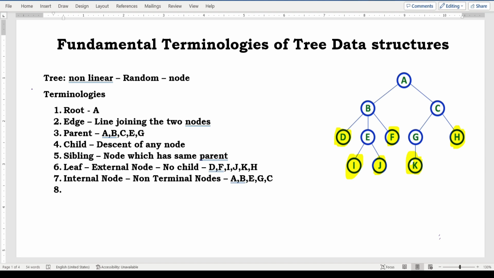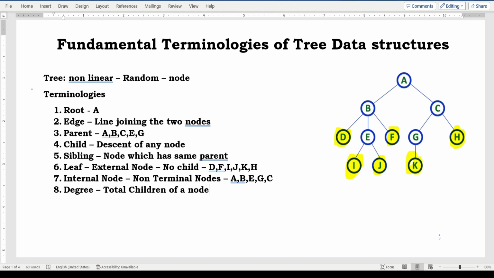And then number 8, degree. The total number of children of a node is called the degree of the node. Here, what is the degree of B?